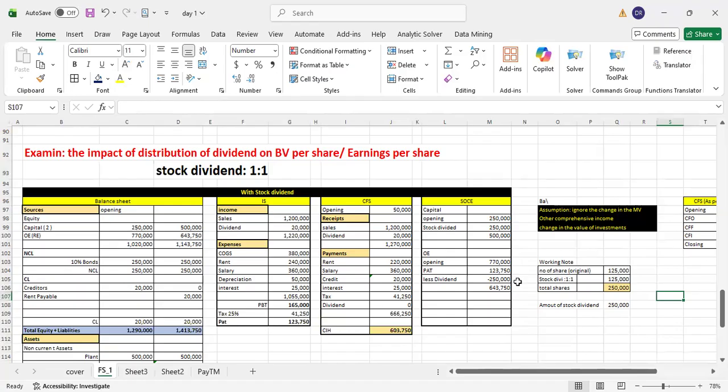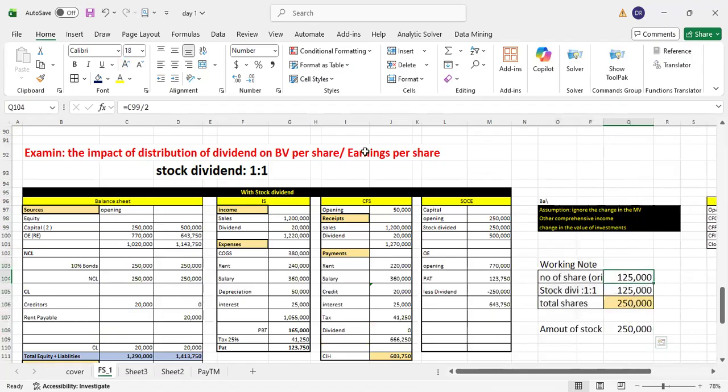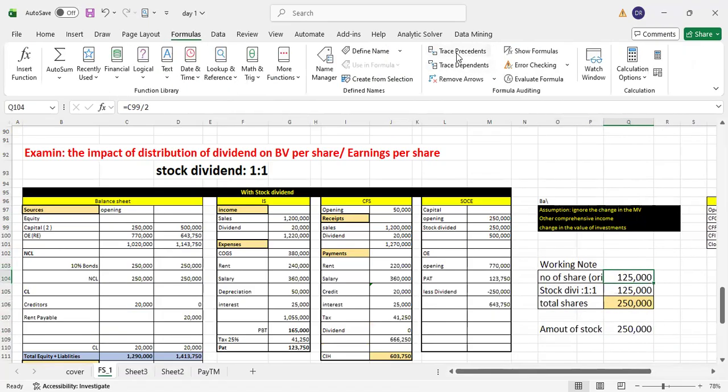The number of shares at present is 125,000. And the company gives stock dividend, which is also called bonus shares. So the number of shares given is 1:1.